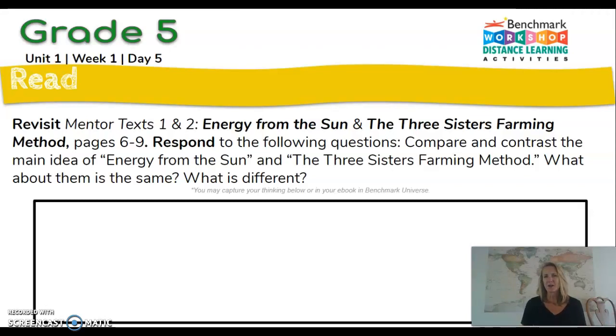Okay, when you're thinking about what about them is the same, remember that our unit is all about partners in survival. How do organisms work together to survive? So how do those two articles connect to that topic? That will help you find how they're similar.